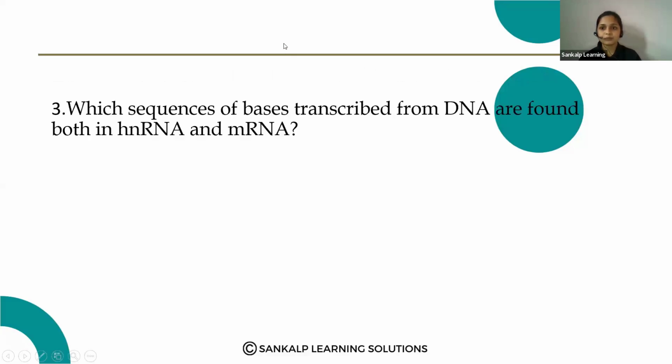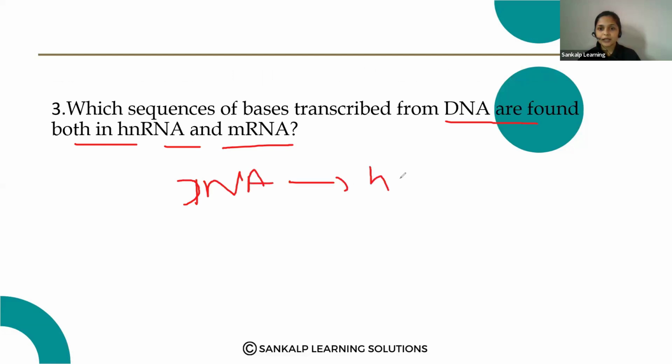Next question. Which sequences of the bases transcribed from DNA are found both in hnRNA and mRNA? The sequences transcribed from the DNA are transcribed into hnRNA, which is the precursor of the mRNA. Then after that it will become mRNA.